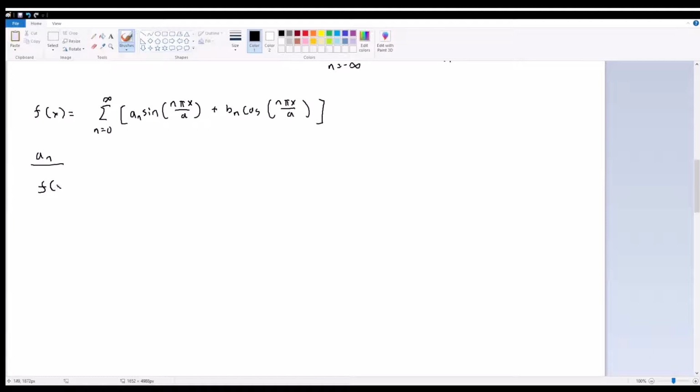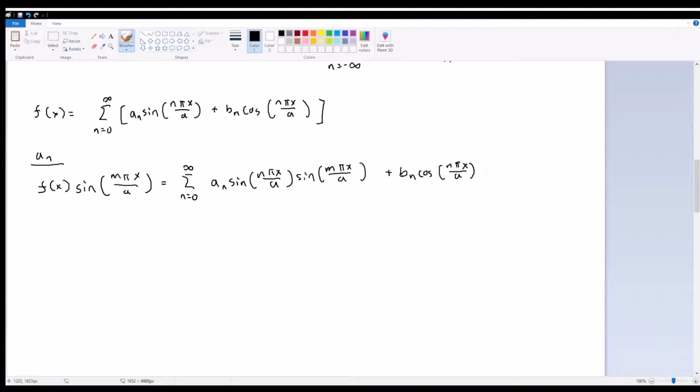So f of x times sine of m pi x over a is going to equal a summation from n equals 0 to infinity of a n sine n pi x over a times sine m pi x over a plus b n cosine of n pi x over a times sine of m pi x over a.